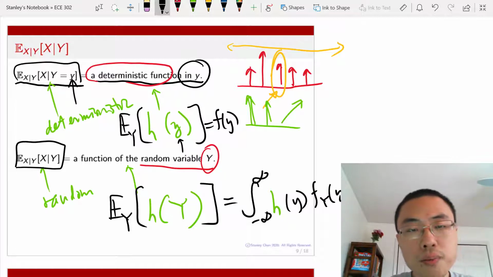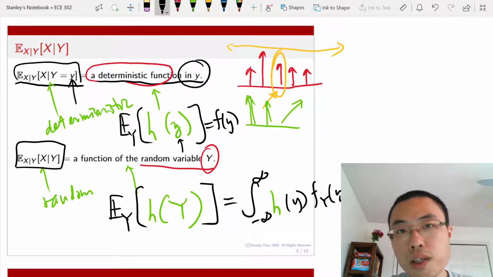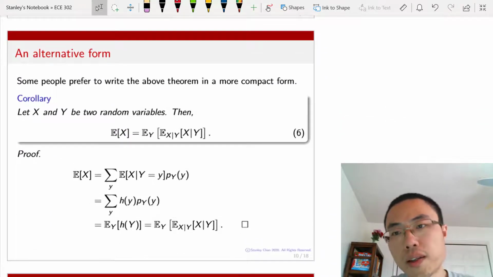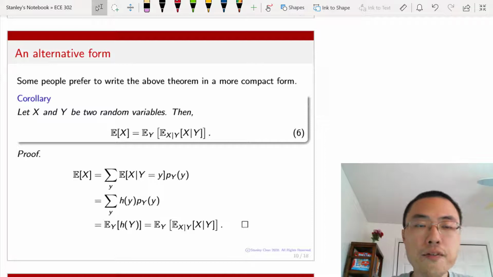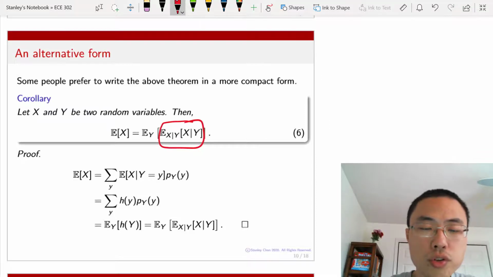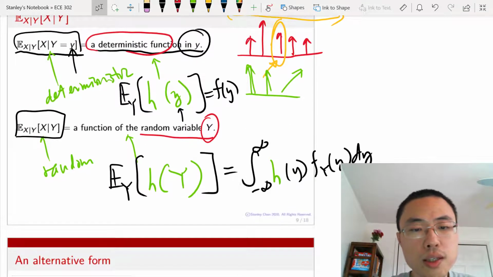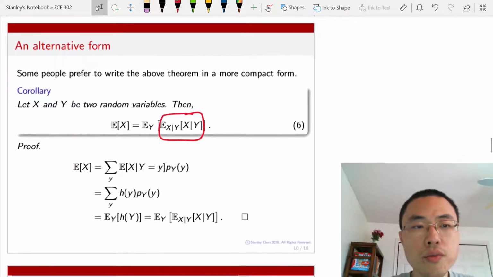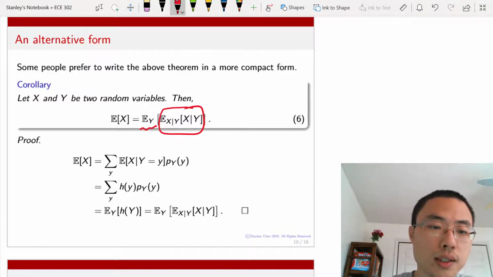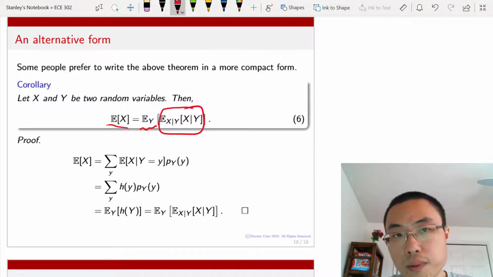This is a random quantity, this is a deterministic quantity. And therefore, the law of total expectation can take a compact, alternative form. The alternative form says that if I compute the latter quantity, it is a random variable of y. If you take the expectation over y outside, you will get a deterministic quantity, and that deterministic quantity is exactly the expectation of x.